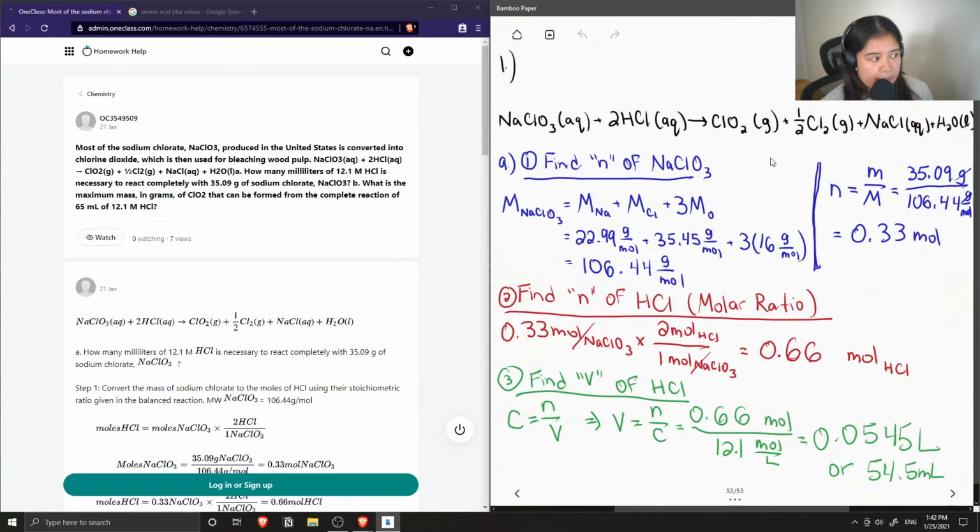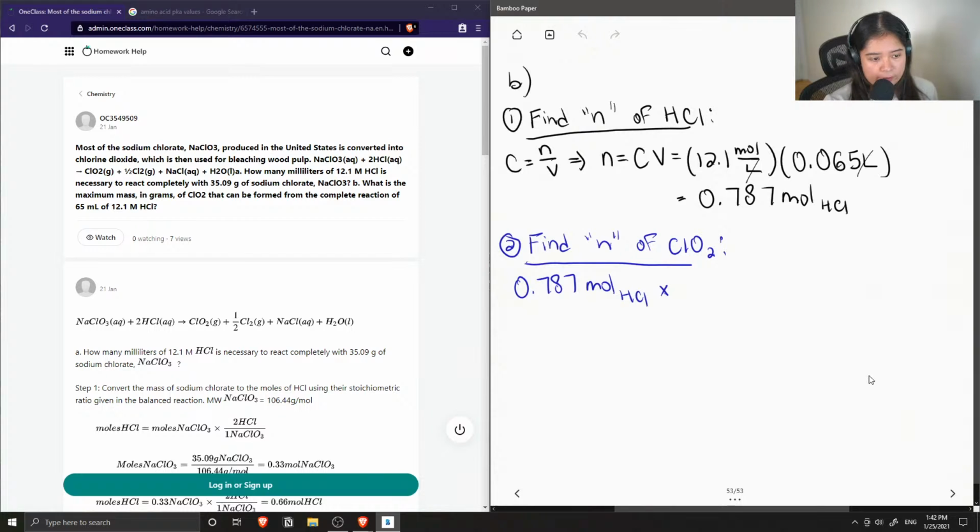You'll see that for every 1 mole of chlorine dioxide that's formed, it needed 2 moles of hydrochloric acid.